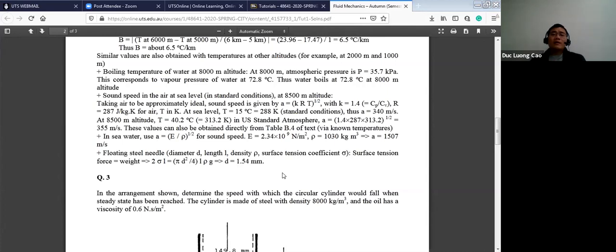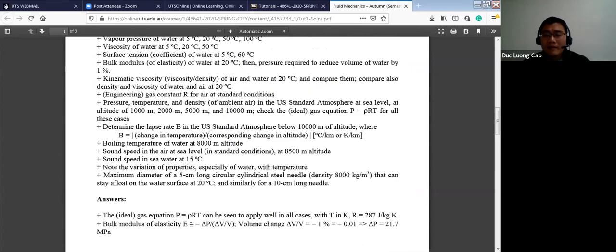In fluid mechanics, a difference smaller than 5% is very good. Smaller than 10% is accepted. Do you have any questions? Any question? Okay.